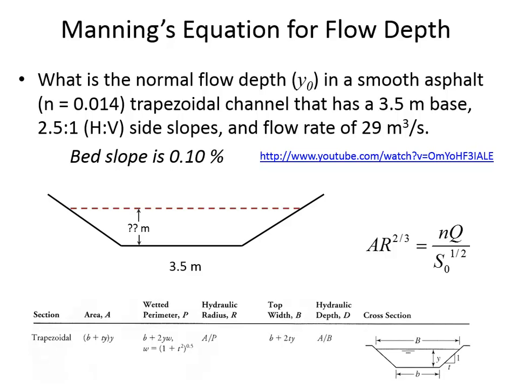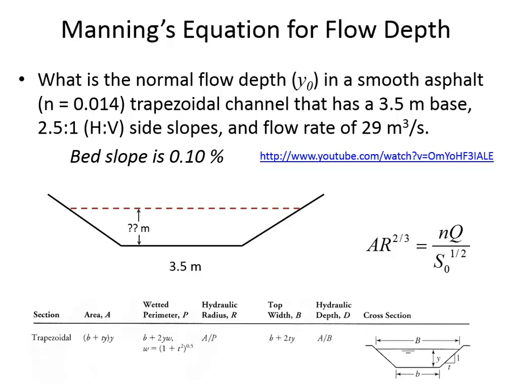The emulator, the computerized emulator of the calculator he has, solves the equation a lot more quickly than your calculator will. But we've got Q is 29 cubic meters per second. N is 0.014. The slope is 0.001, because 0.1% is 0.1 divided by 100, which gives us this slope.